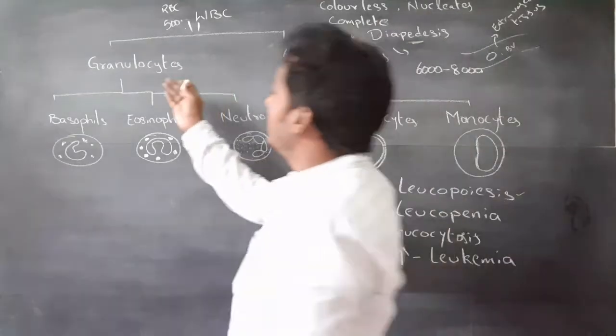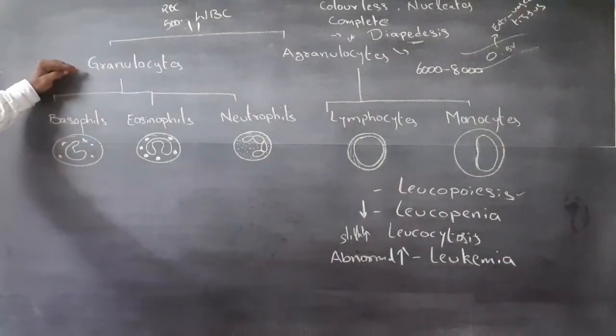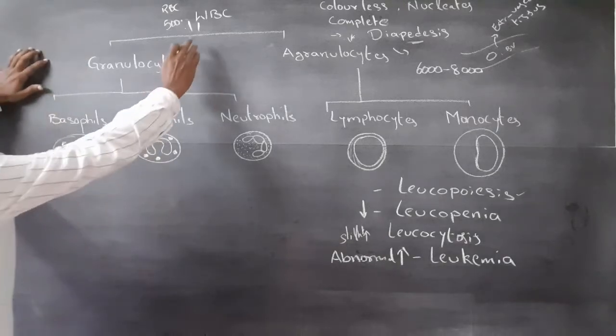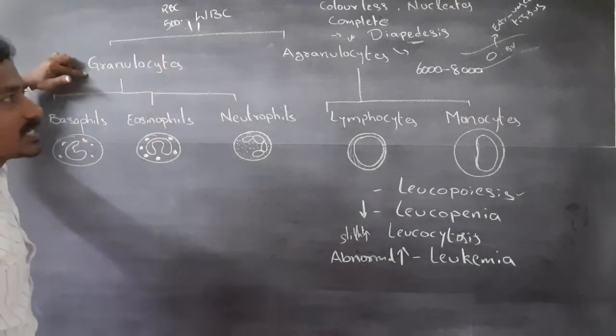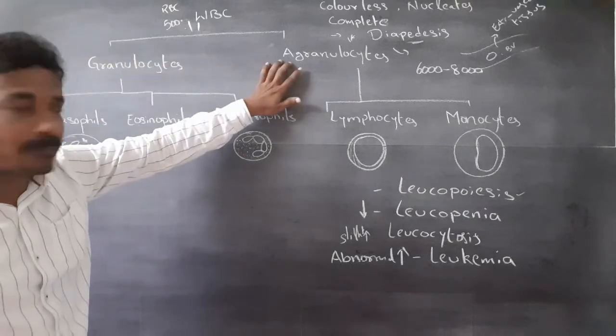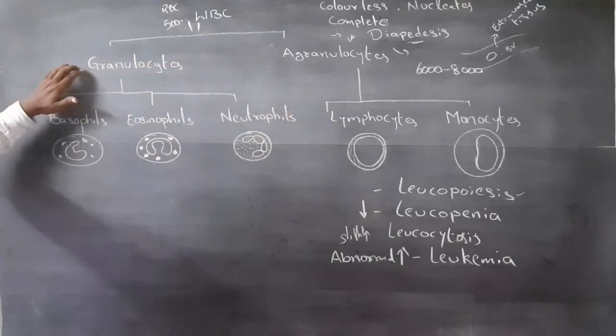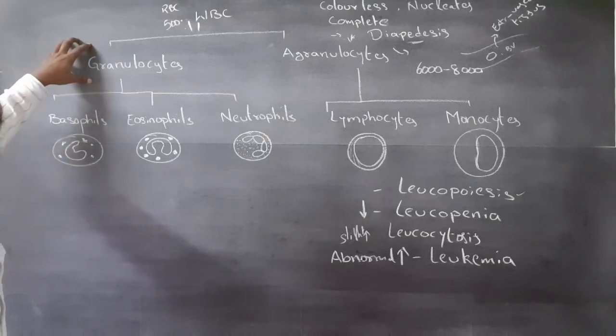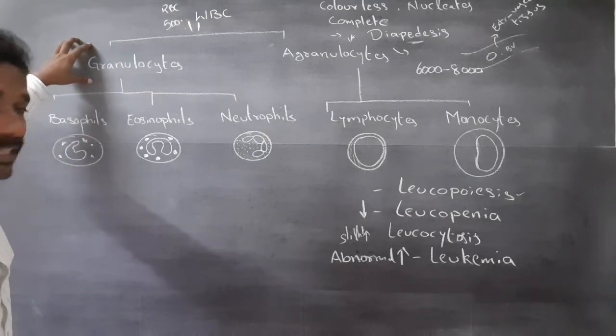WBCs are classified based on the presence of granules. There are two types, granulocytes and agranulocytes. In granulocytes, the cytoplasm contains granules.